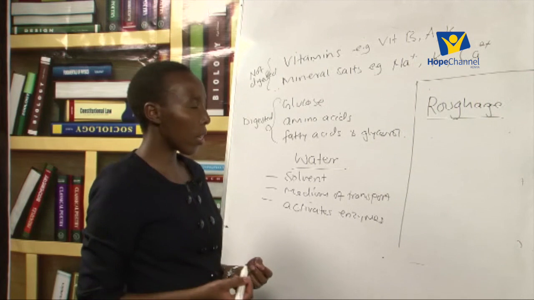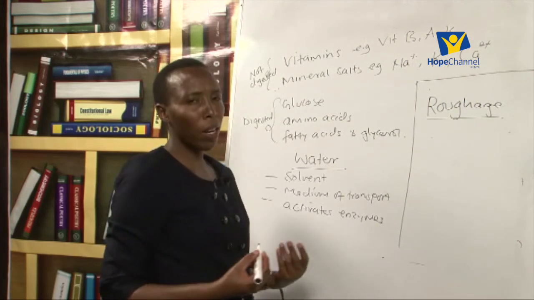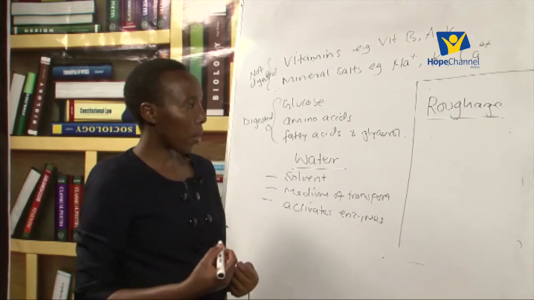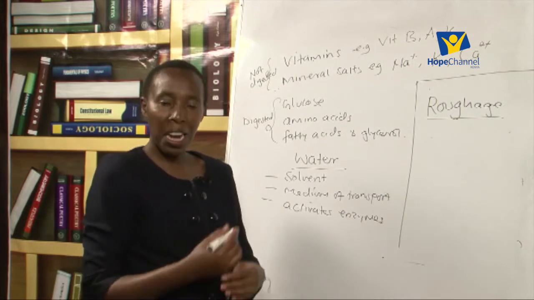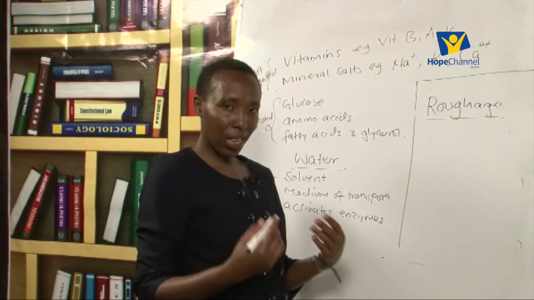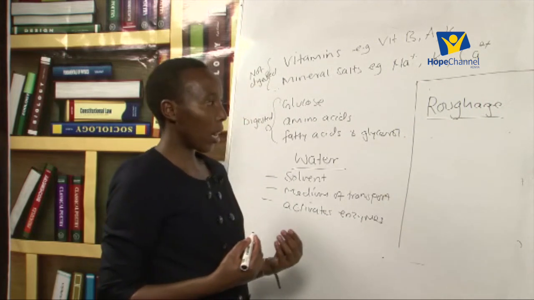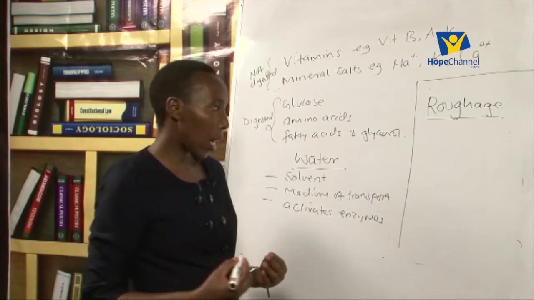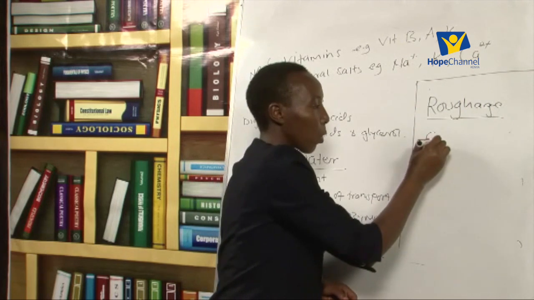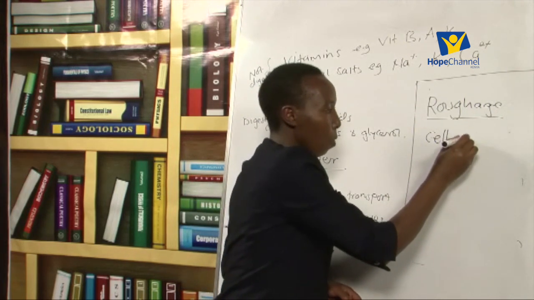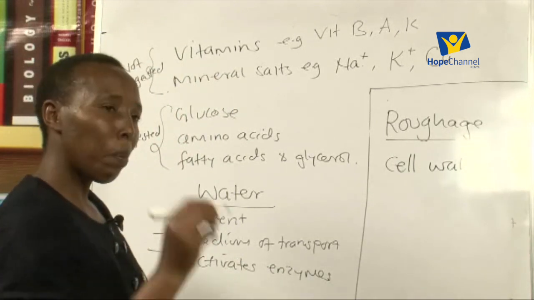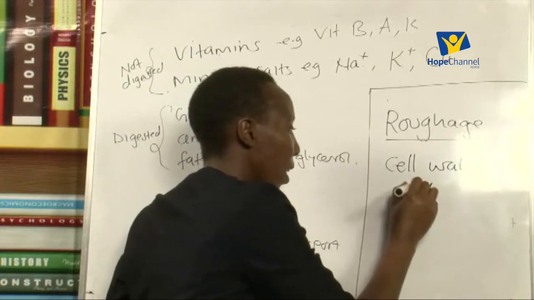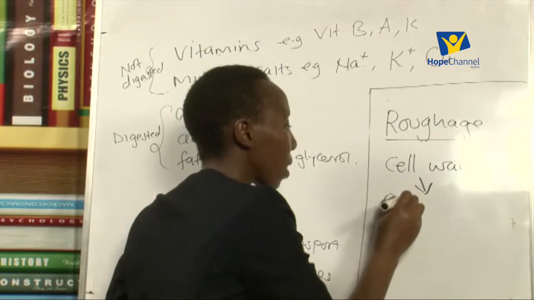Mostly we find it in plants. Any living organism is made up of a cell. And you realize that a plant cell is made up of what we call a cell wall. And this cell wall is made up of a substance by the name cellulose.